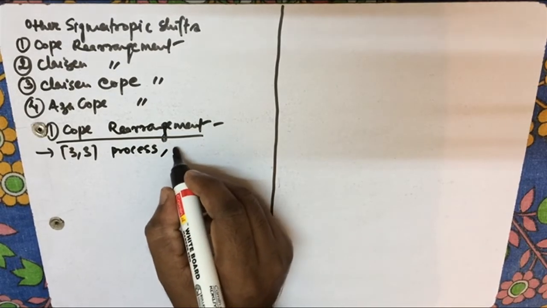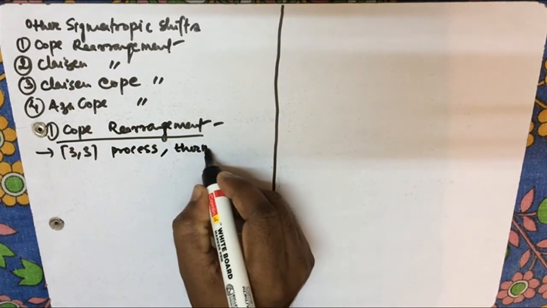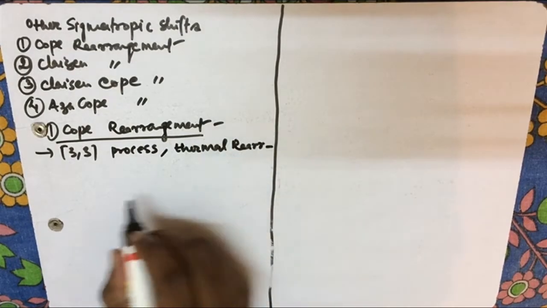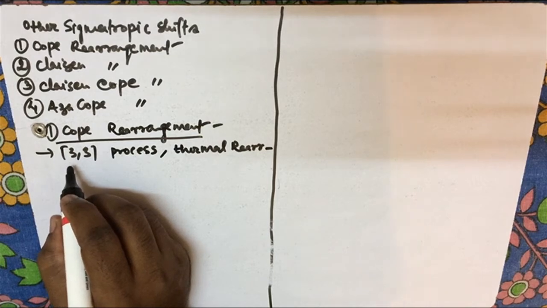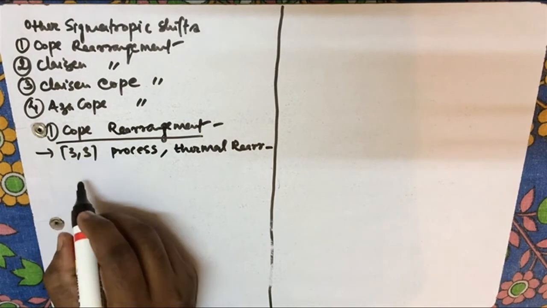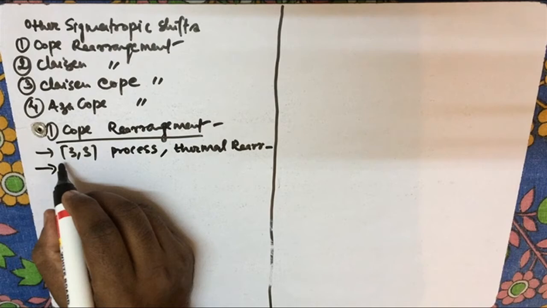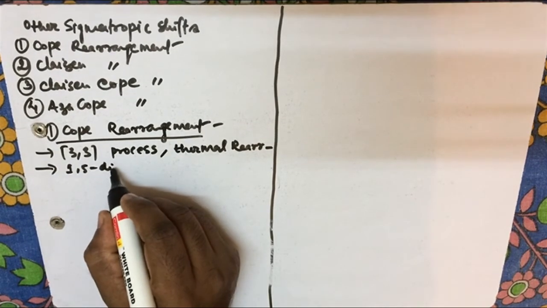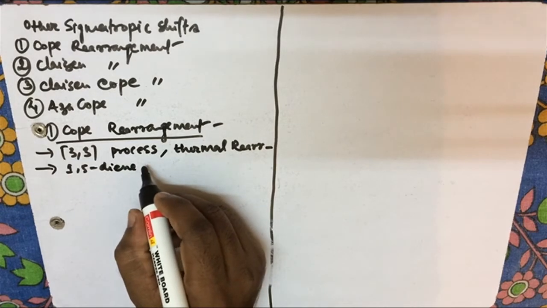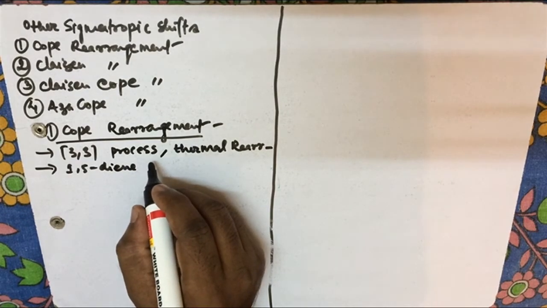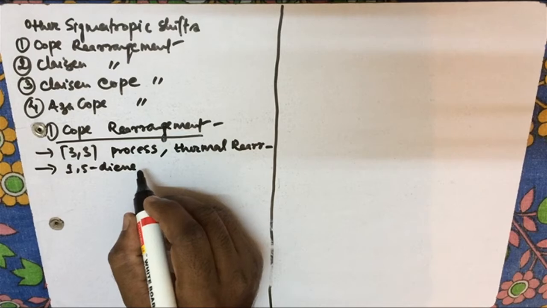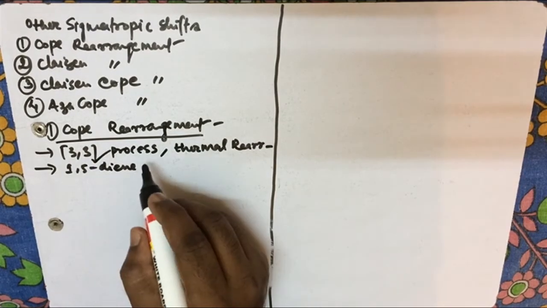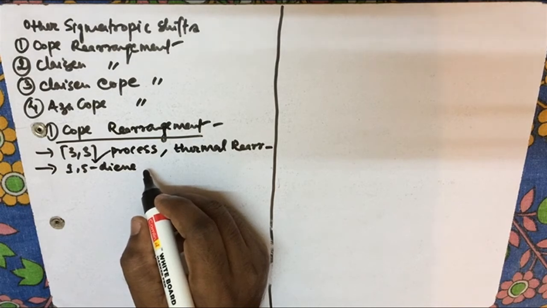Here we choose a 1,5-diene, and this will undergo [3,3] sigmatropic rearrangement.